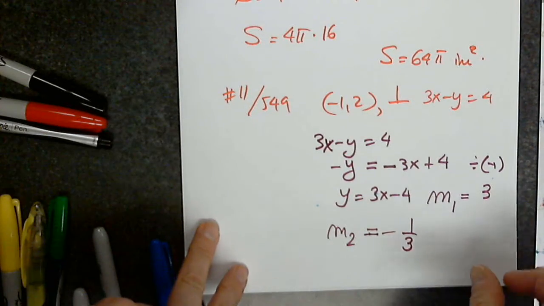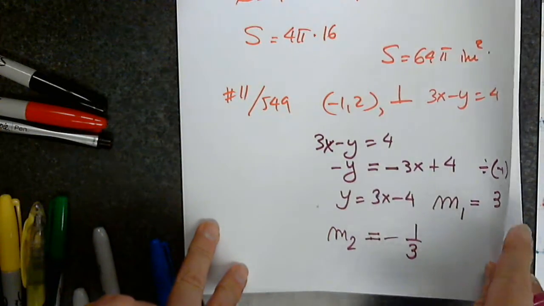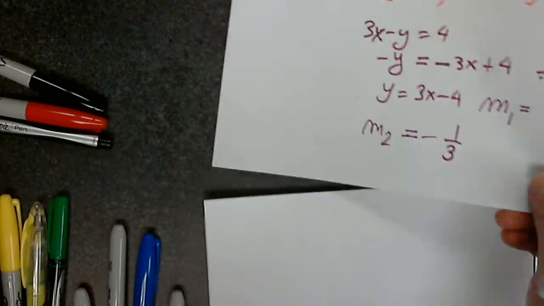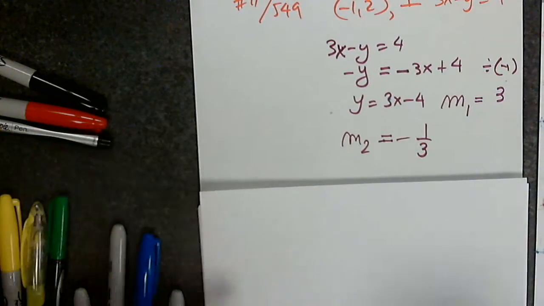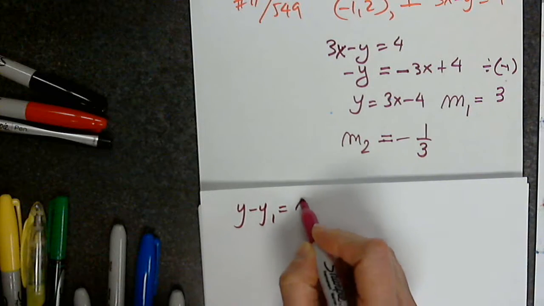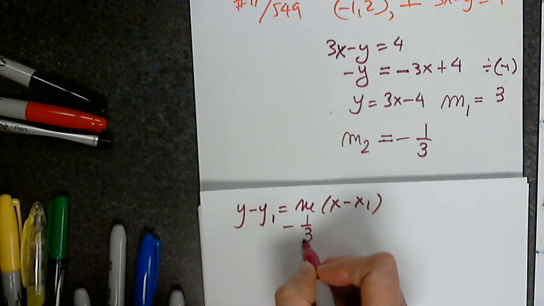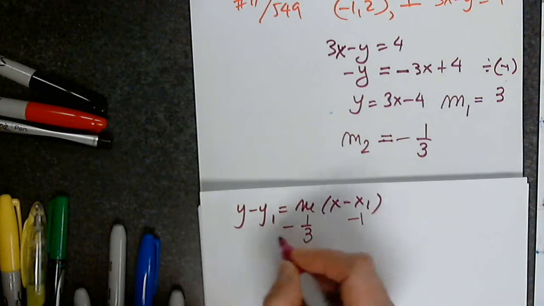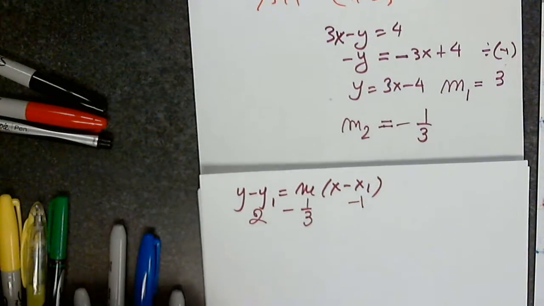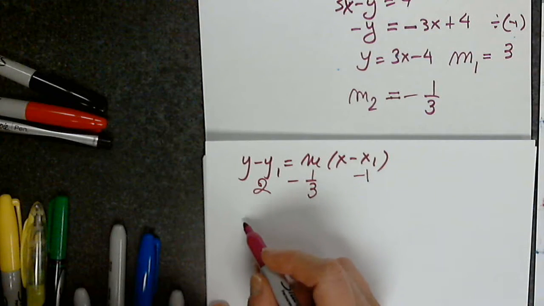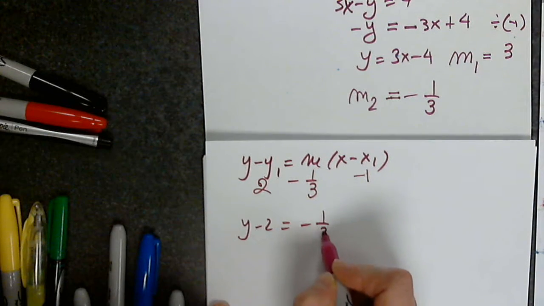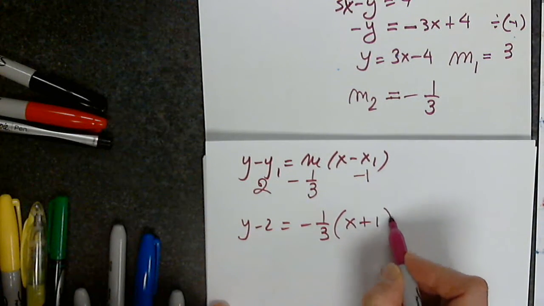So now I can use y minus y1 equals the slope times x minus x1, where the slope is negative 1/3 and the point given is negative 1 comma 2. So y minus 2 equals negative 1/3 times x plus 1.